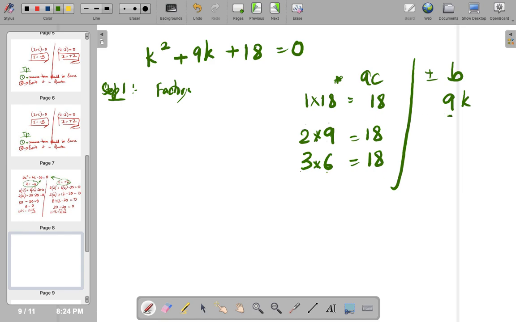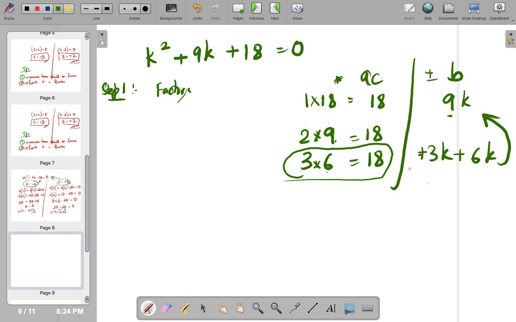So which is the right one? I guess this doesn't go well, because plus 2 and plus 9 is 11. Plus 2 minus 9 is also not 9. So we can go with plus 3k plus 6k. You get 9k. So these are the terms.